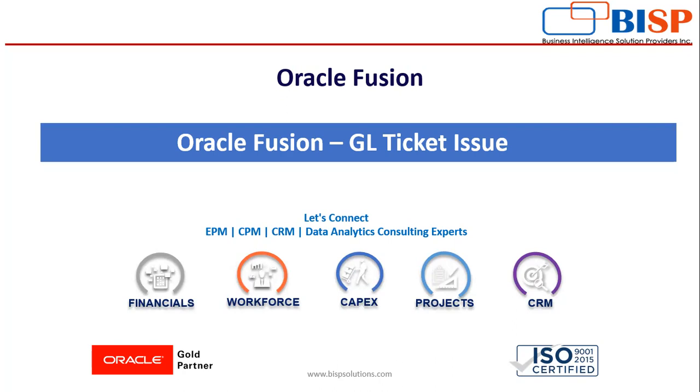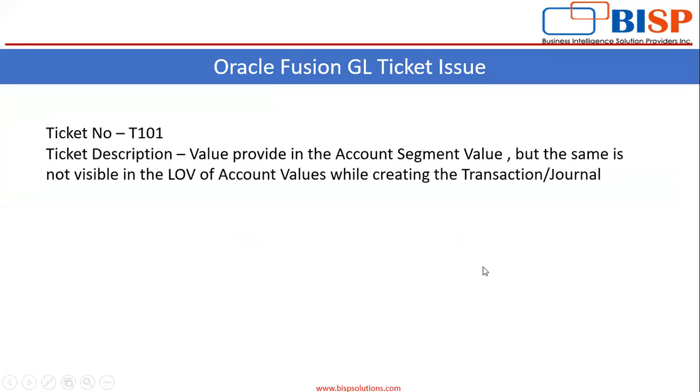So in today's video, we will discuss one of the GL ticket issues. The ticket number is T101 and the ticket description is that we provided a value in the account segment value, but the same is not reflecting in the list of values of account values while creating the transaction or journal.